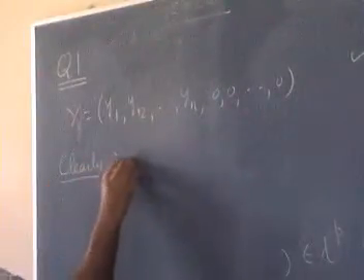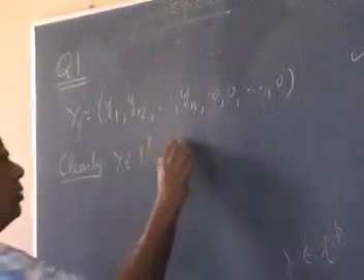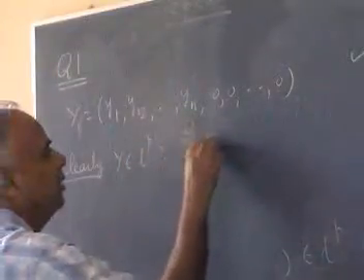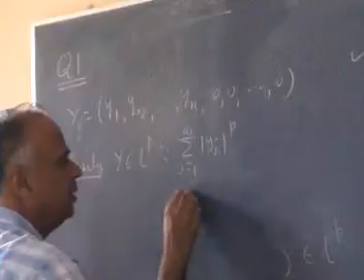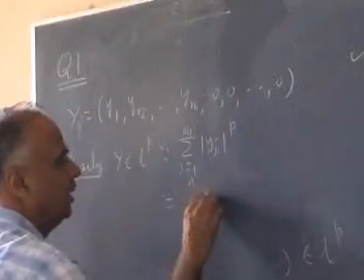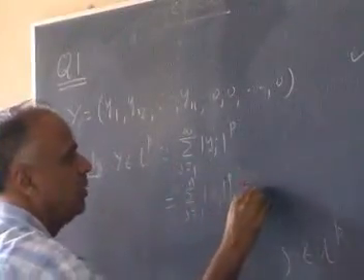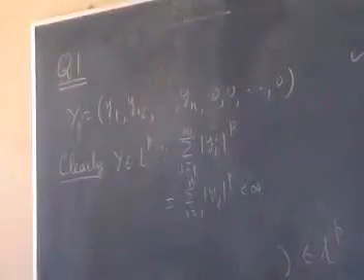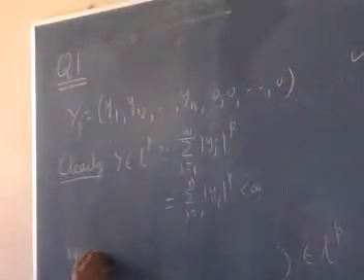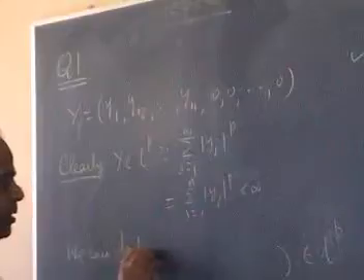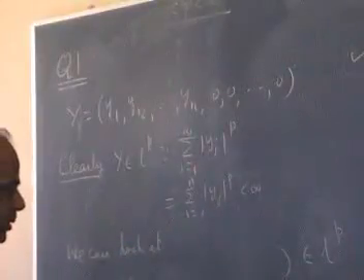Clearly y belongs to LP, because the summation j equal to 1 to infinity of mod yj to the p is a finite sum. So that's why it's finite. So y is in LP, and we can look at f of y.